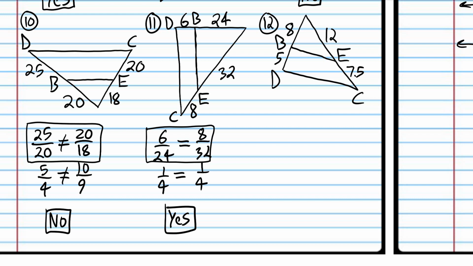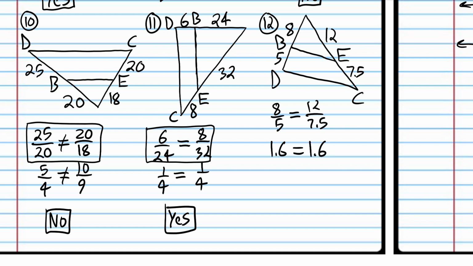All right, we're back. 8 over 5 is equal to 12 over 7.5. So I'm going to get my calculator out, and 8 over 5, I'm going to change to decimal form, and that is 1.6. There's a lot of different ways to do these, but I'm just going to change these to decimal form. 12 divided by 7.5 is 1.6.